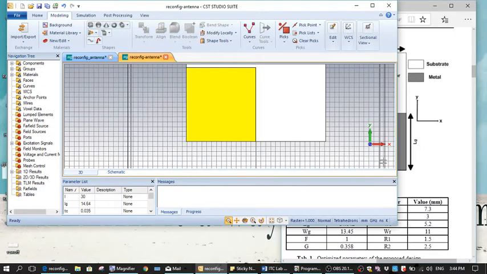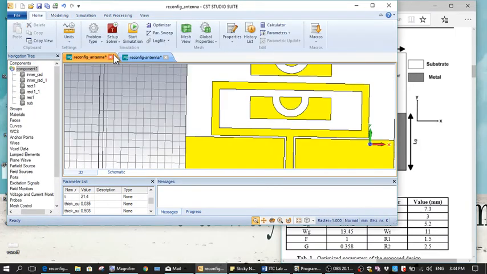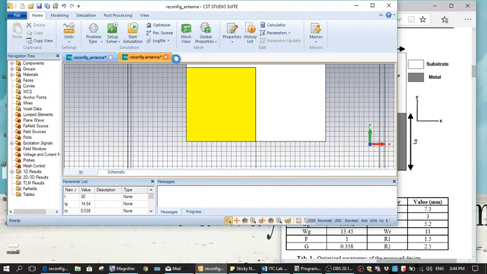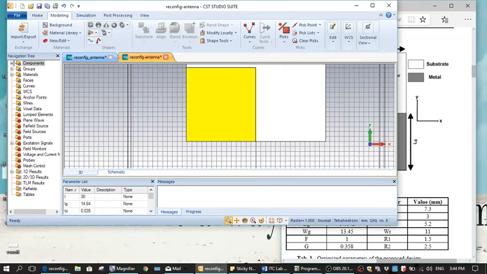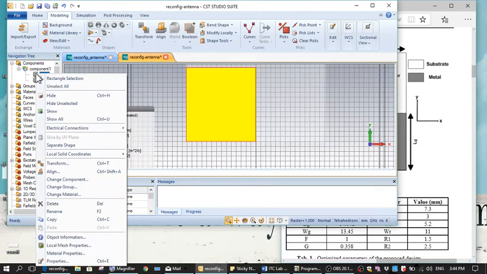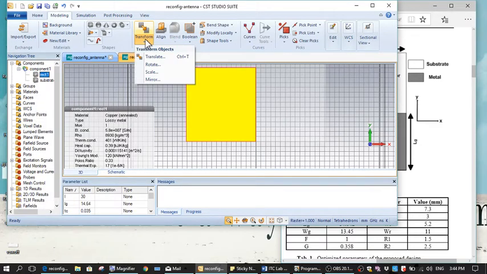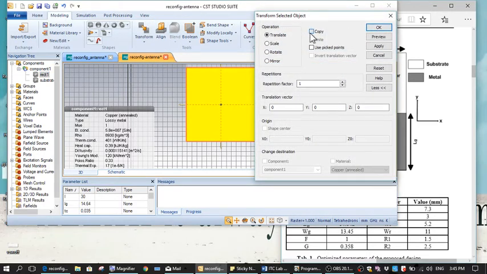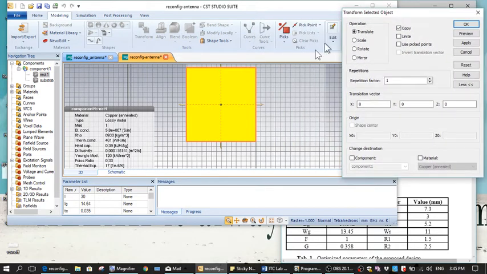Better. Now what we are going to do is that we are going to transform the same rectangle. Okay, we will transform it, make a copy of this and move it along this axis.